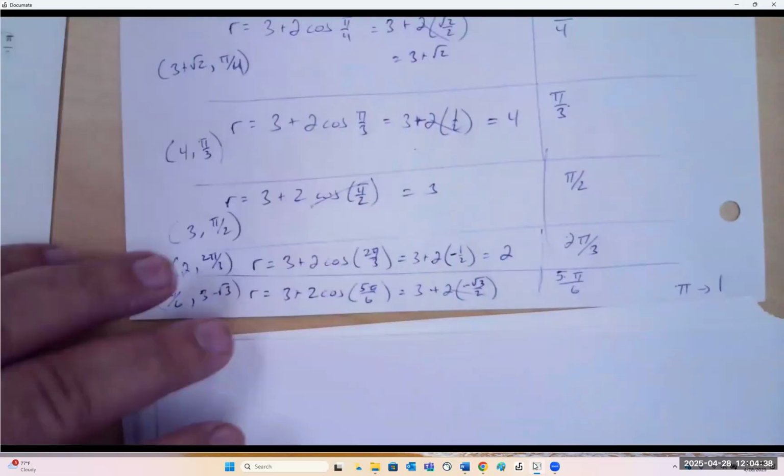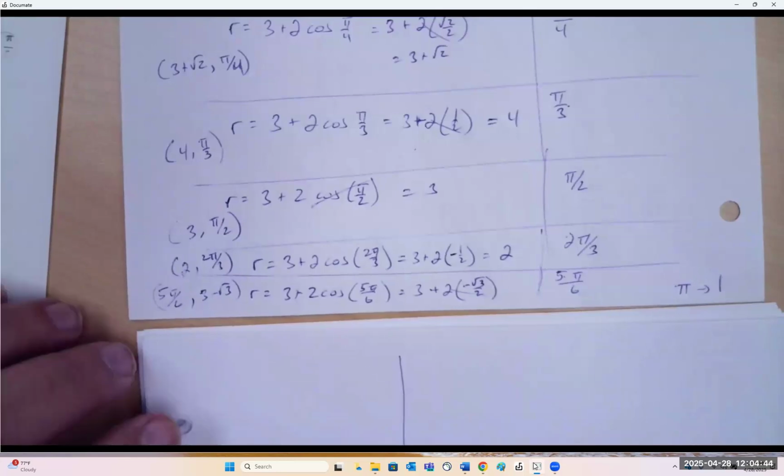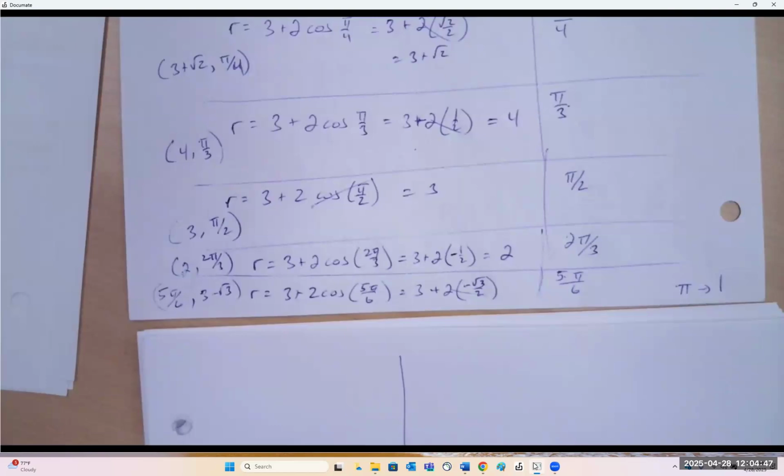Let's plot those points. If theta is 0, then r is 5. That's the first one.